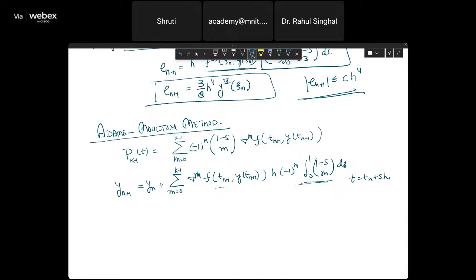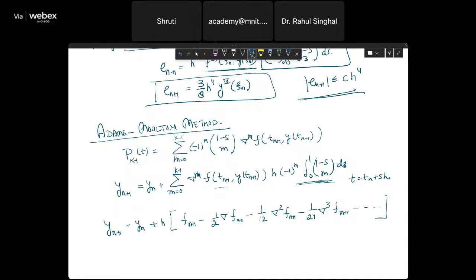Now depending on the value of this integral, we can write down the numerical method. So here after calculating this integral, we observe that in general this Adams Moulton method's formula will be as follows: h times f n plus 1 minus 1 by 2 lambda f n plus 1 minus 1 by 12 lambda square f n plus 1 minus 1 by 24 lambda cube f n plus 1, and so on.